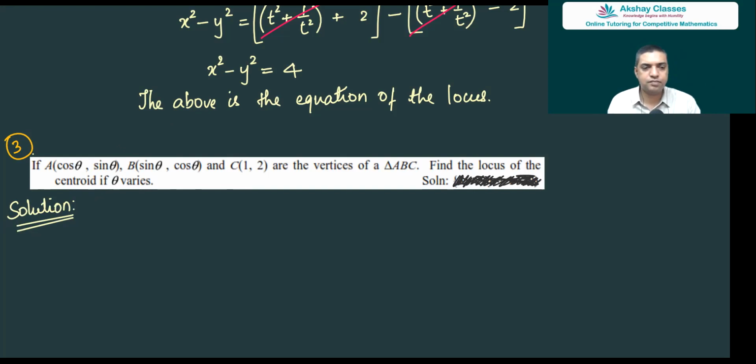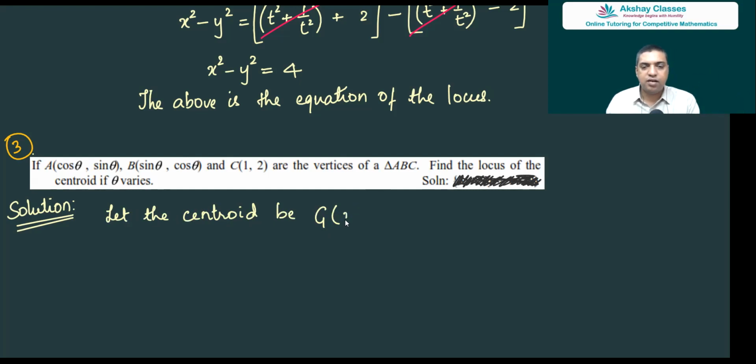By using the centroid formula. Let the centroid be G(x, y) or (h, k). You should replace h, k by x, y at the end.